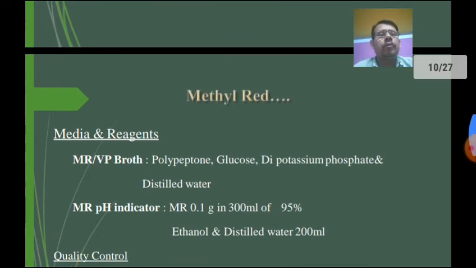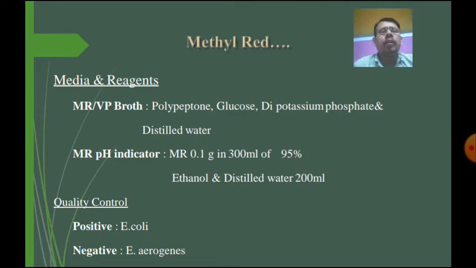The medium here is MR-VP broth, containing peptone, glucose, dipotassium phosphate and distilled water, with the MR pH indicator, 0.1 gram in 90% alcohol.